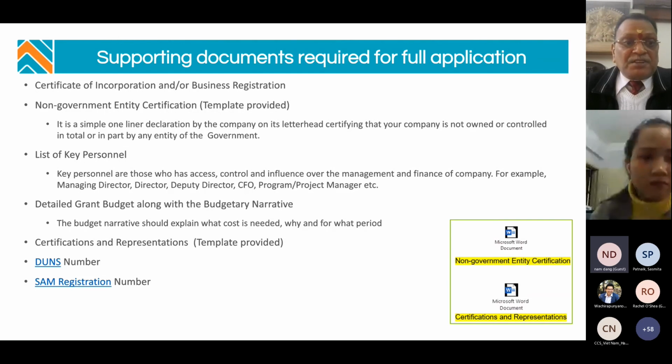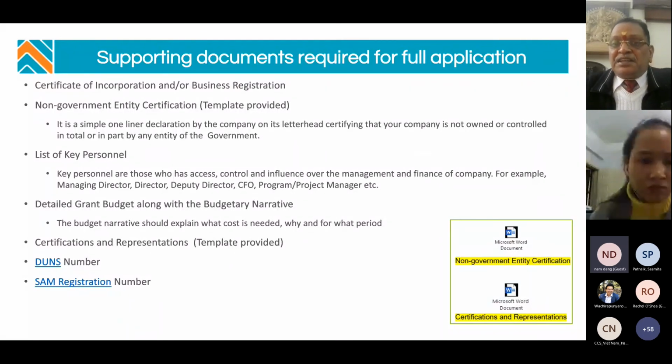I'll skip this one, and certifications and representations. These are the mandatory certifications and representations which every applicant has to provide. On the right bottom, you have the template of these certifications and representations.